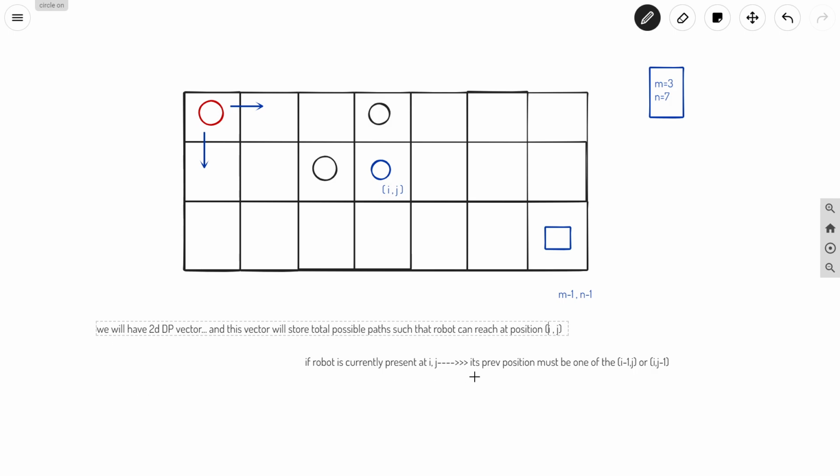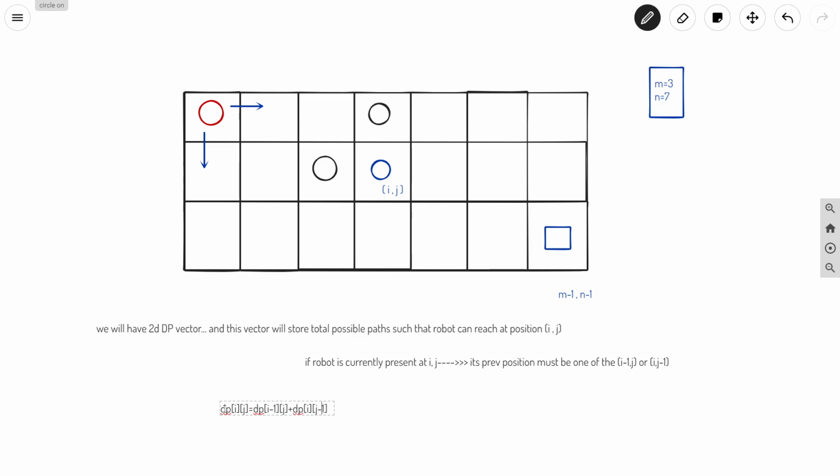Okay, so this is the use of this dp vector. If we want to find dp of I comma j, the robot can reach I comma j from these two positions. So dp of I comma j must be equal to dp of I minus 1 comma j plus dp of I comma j minus 1.